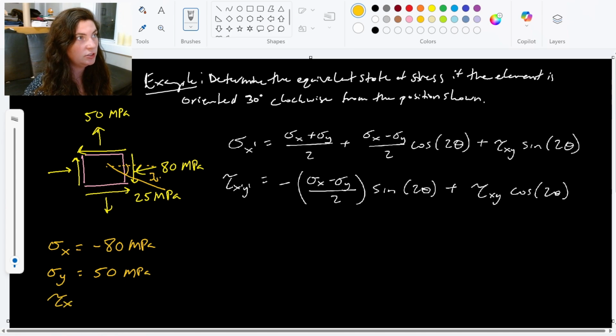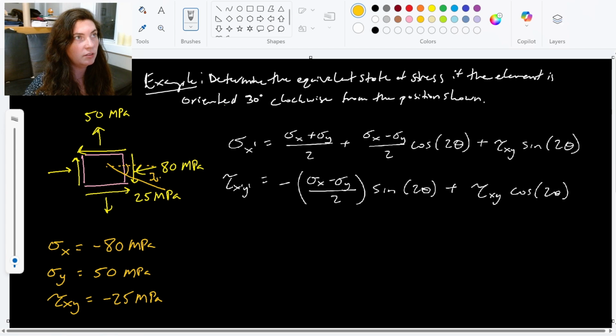And then my shear stress value that I'm given, notice I'm pointing down on this x side, right? I'm pointing down towards this lower right corner, which means that my shear stress is negative. Shear stress is negative 25 megapascals, right? And positive convention says that on the x face, the shear stress points up. So this guy is negative.